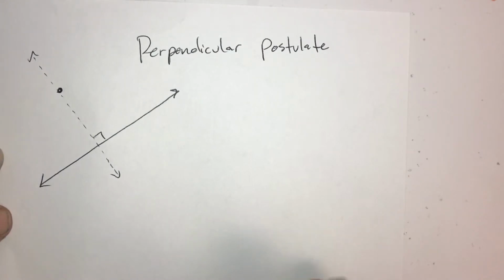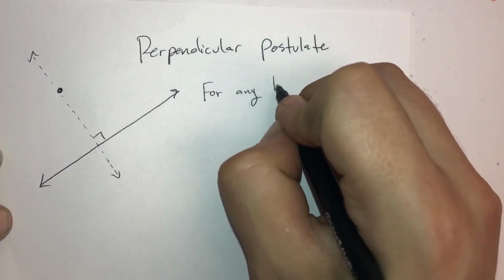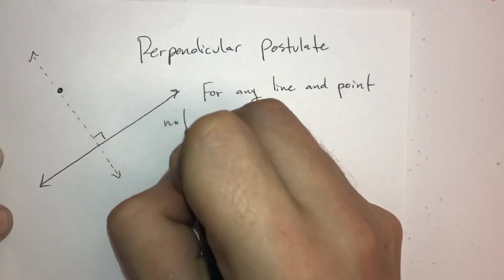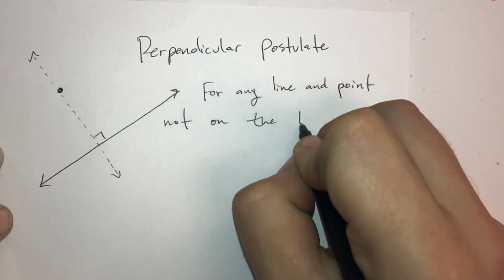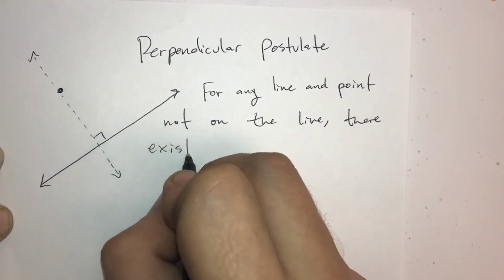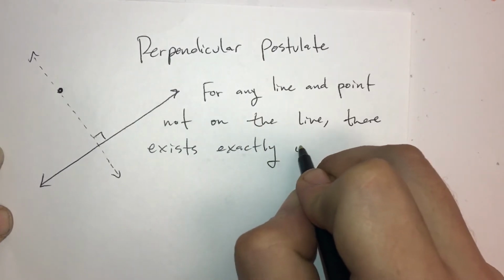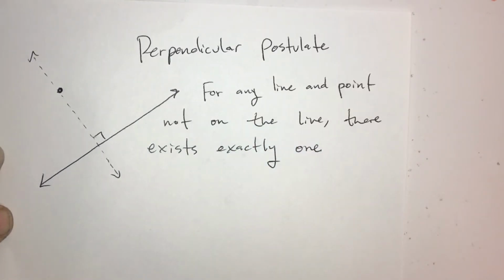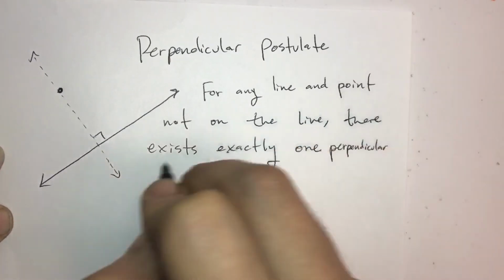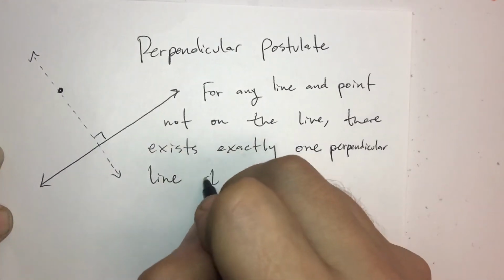The perpendicular postulate says that for any line and point not on the line, there exists exactly one perpendicular line that passes through the point.